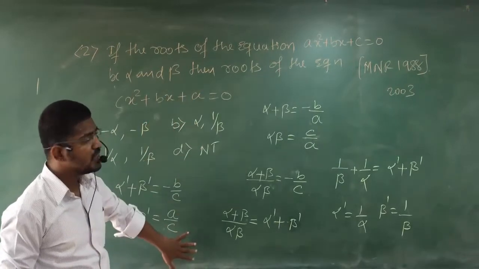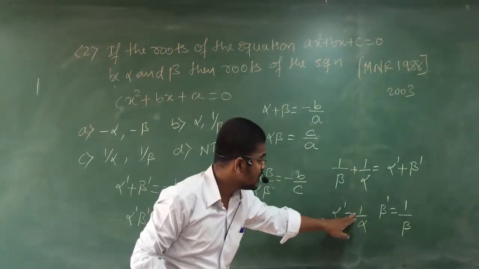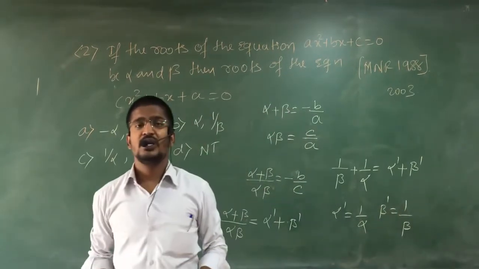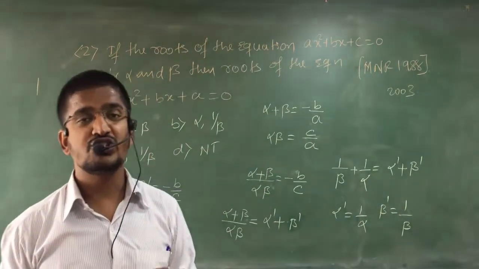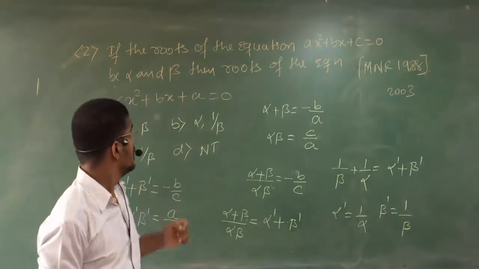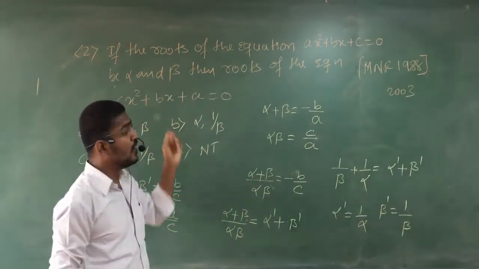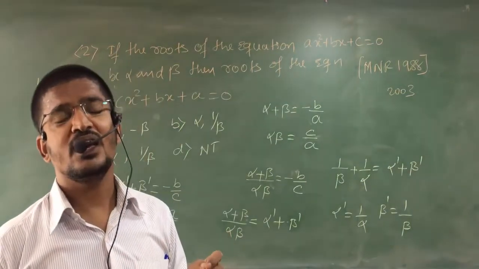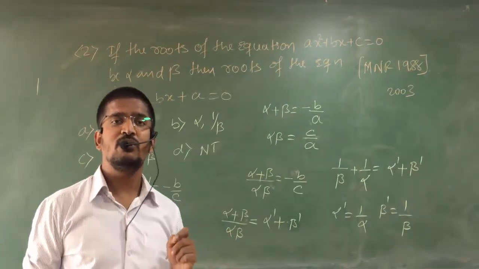By solving all these terms, you got alpha bar equal to 1 by alpha, beta bar equal to 1 by beta. That means the original roots were alpha and beta. The new roots for the other equation are 1 by alpha and 1 by beta.